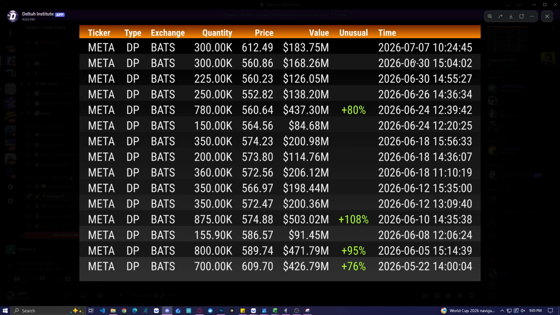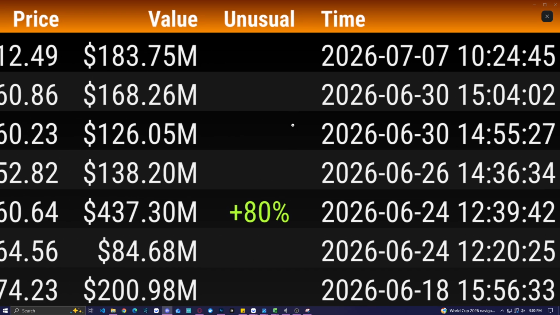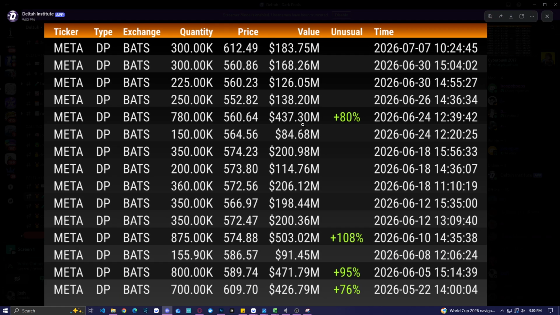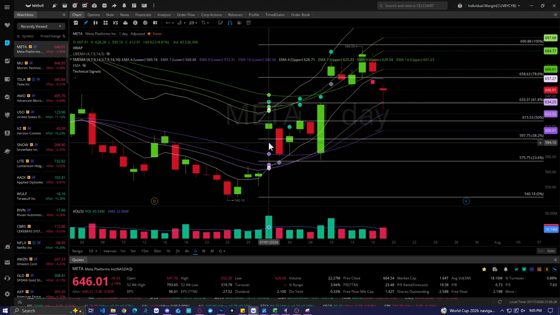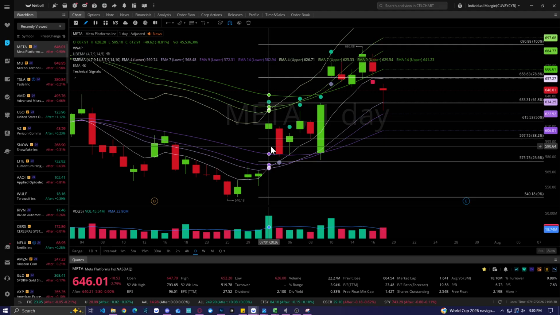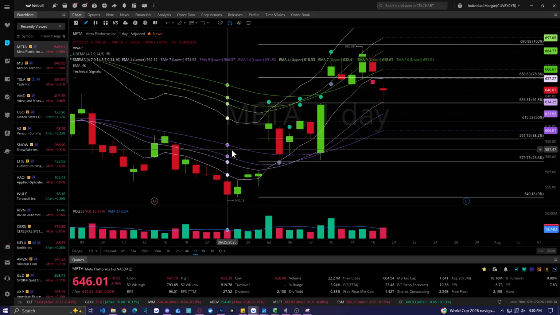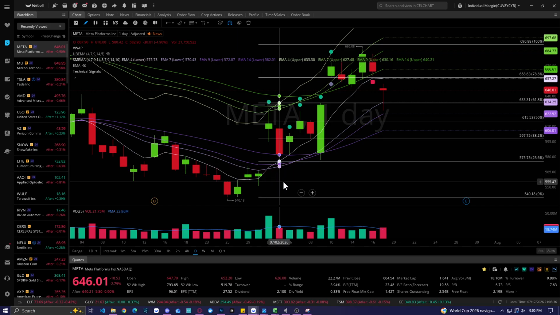And then 630 comes in. You have these orders coming at 560, and then boom. The next day, Meta rallies like 8%, and the all DPs just stop for a period of time.